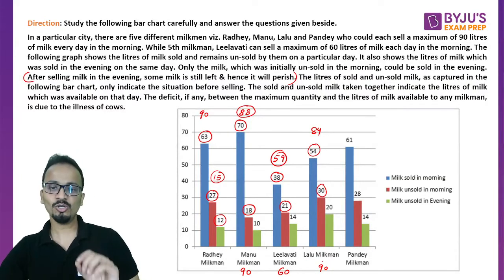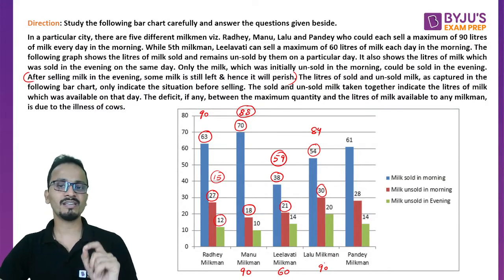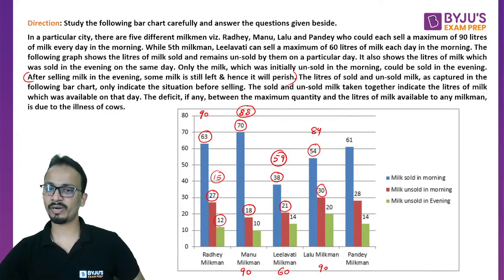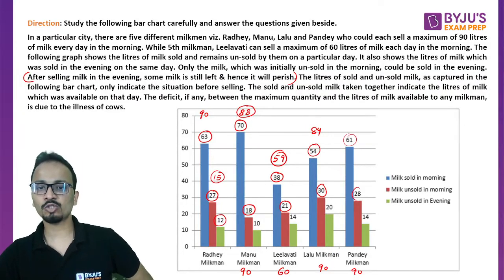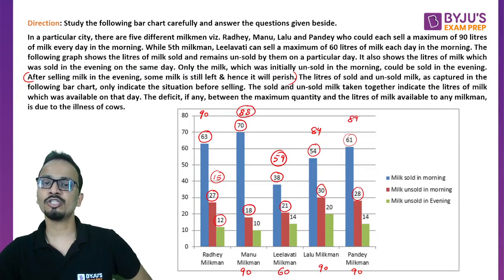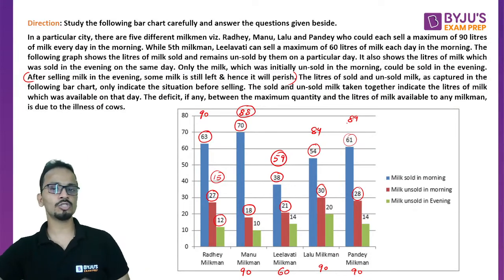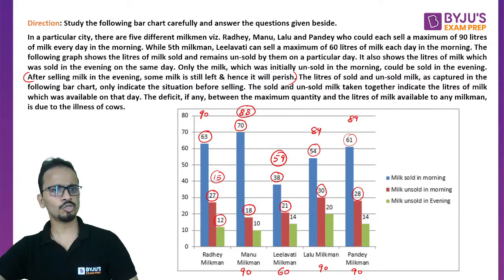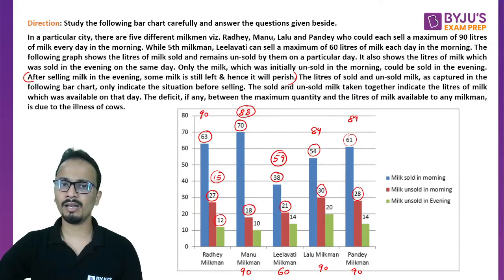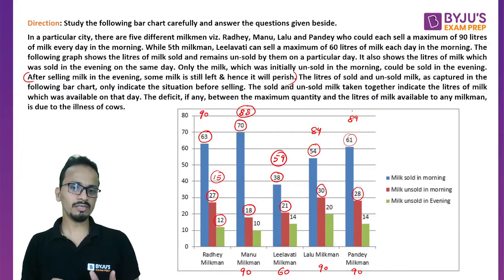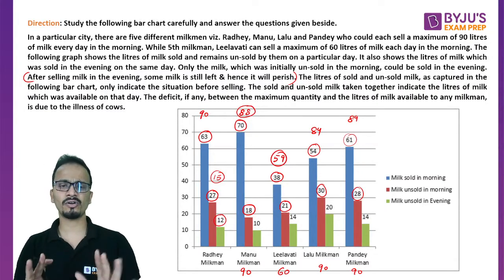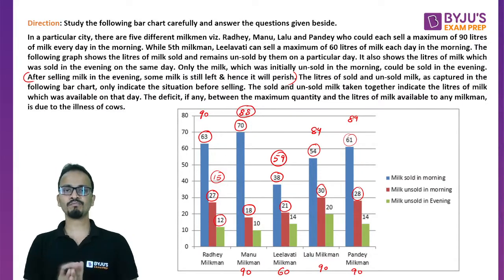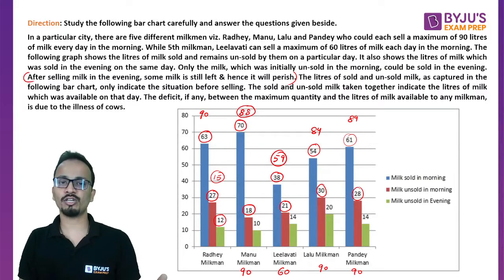Okay, so Lalu's cow is giving 6 liters less of milk, right? Similarly for Pandey, total 90 liters, 61 plus 28 is 89. So Pandey's cow is also giving less amount of milk. So again, the cow is ill. All right. So the only milkman whose cow is not ill from this data I can say is Radhe milkman. Okay. So this is the entire situation in front of us.